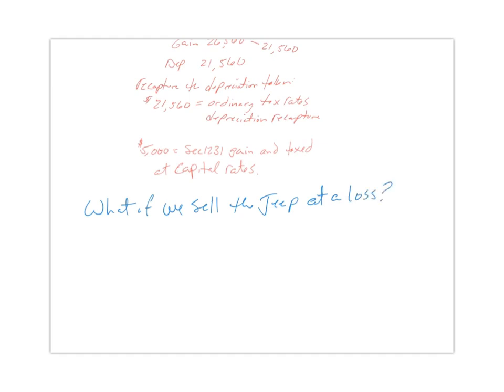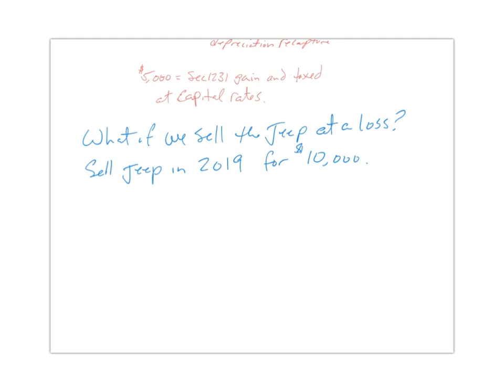All right, so say we sell the Jeep in 2019 for $10,000. Can't imagine why we do that, but let's say we do.